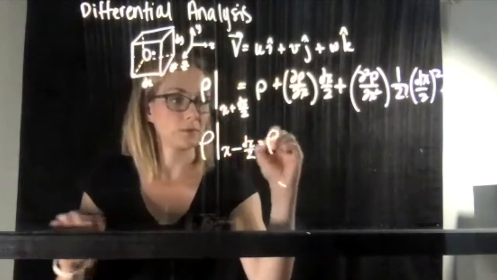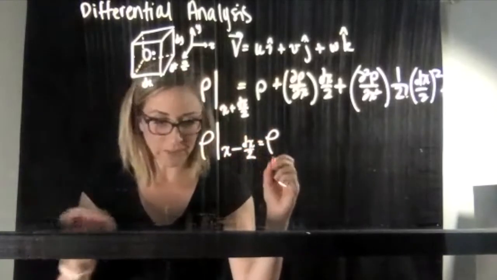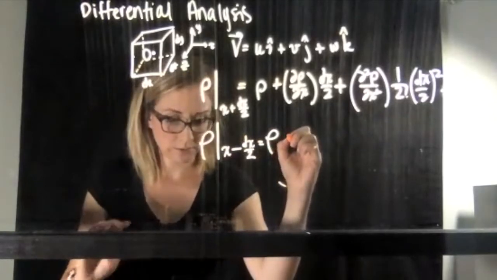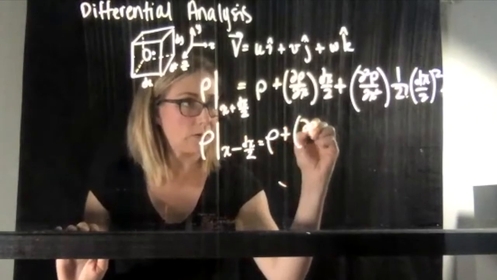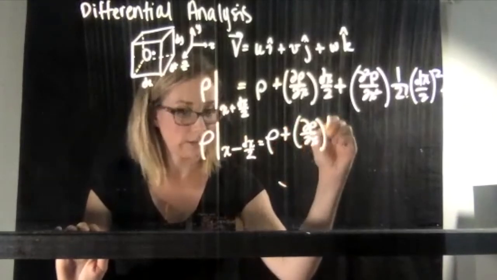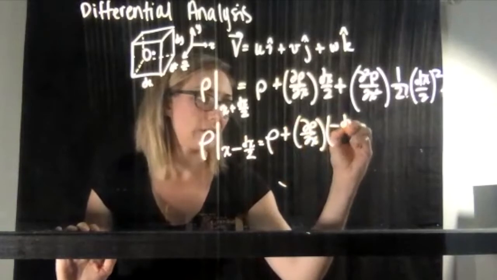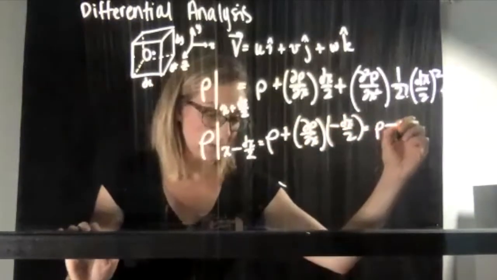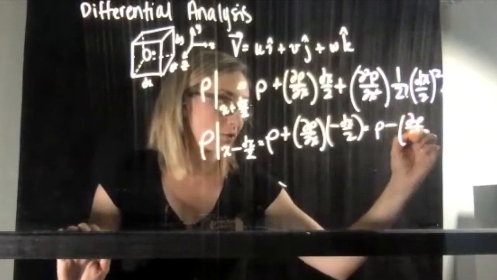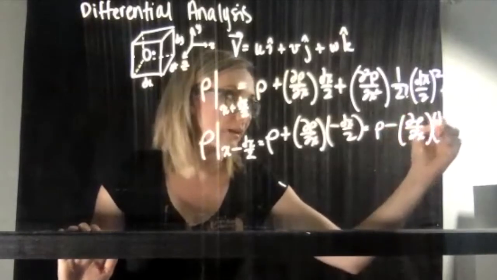And that's going to be equal to the density plus d rho dx times negative dx over 2. So here we've got our density minus the differential of rho with respect to x times dx over 2.